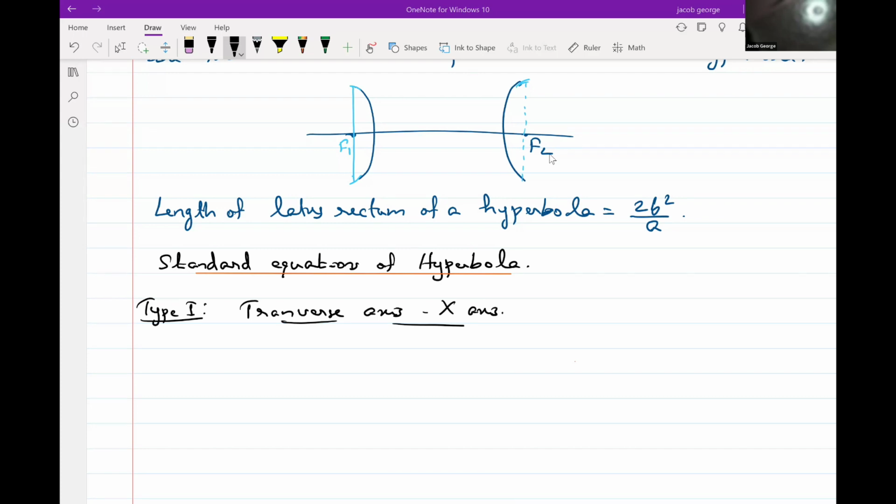Please write the subheading: Standard equations of hyperbola. Type number one, transverse axis is x-axis.